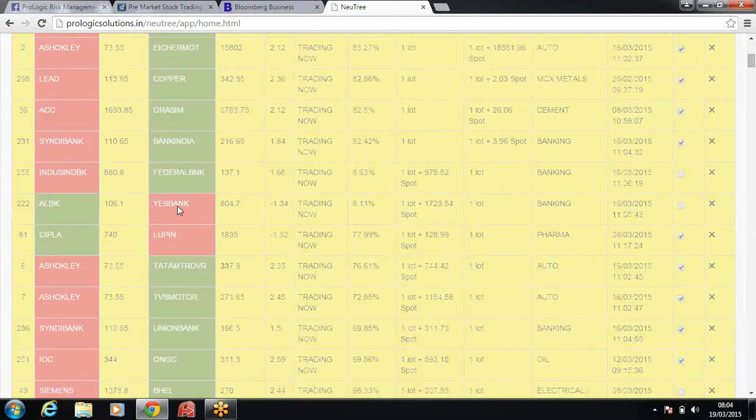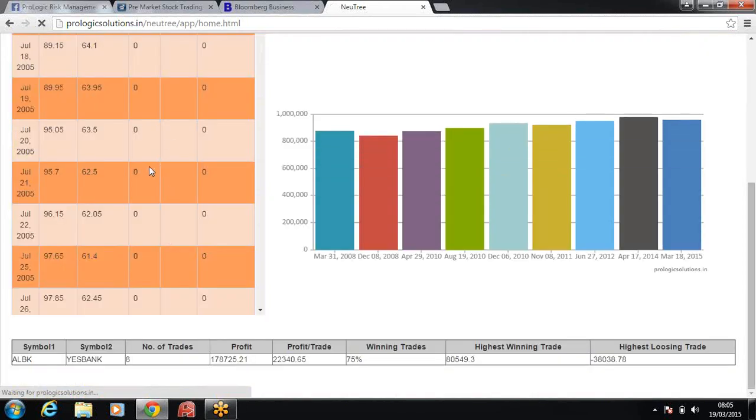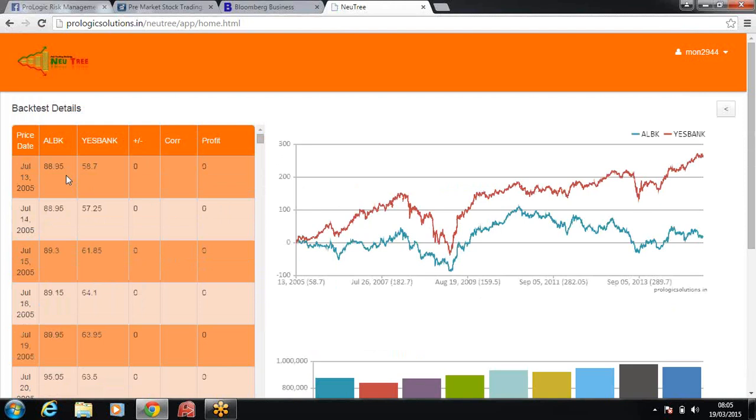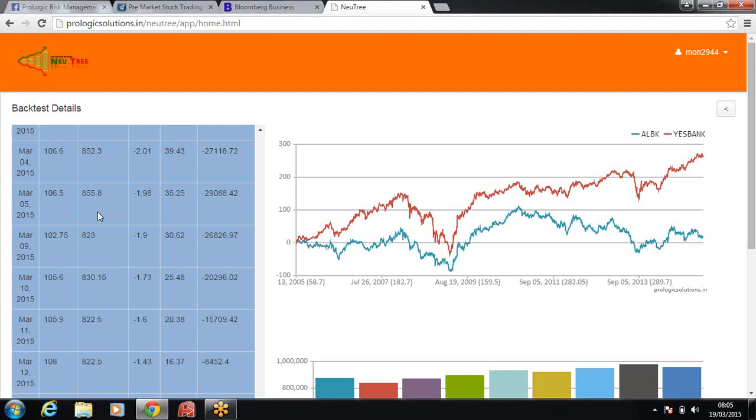ELBK and Yes Bank. So Yes Bank has always outperformed most of their peers.